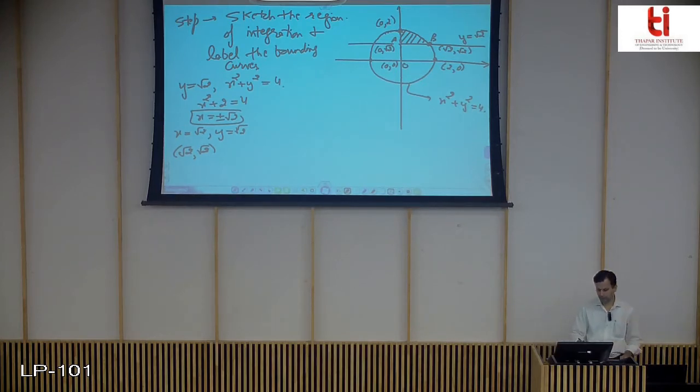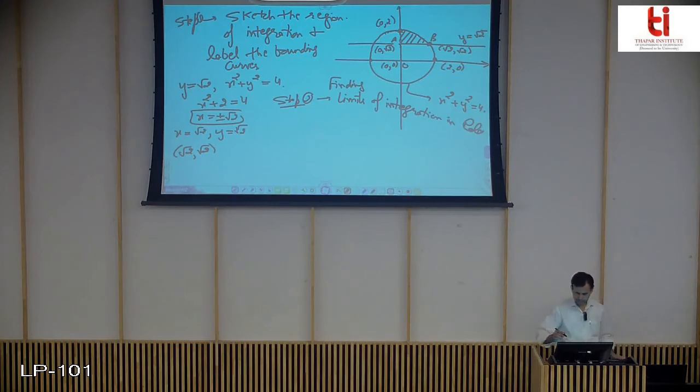So let us start with step 2, finding limits of integration in polar. The thing is simple. You start from the origin and take an imaginary line that passes through the region in the increasing direction of r. So here is the imaginary line we draw that crosses through the region.